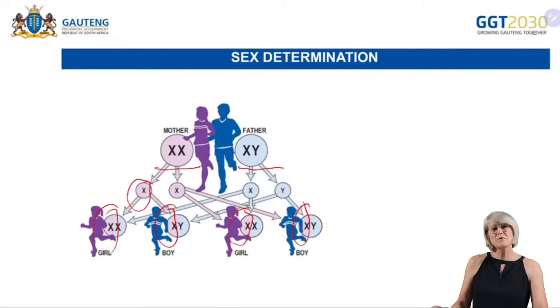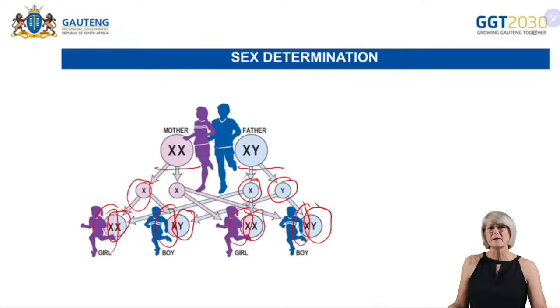It's actually the father that determines the sex of the child, because he will give an X to two of his offspring, and the Y will go to the other two. As soon as an individual has an X and a Y, they are male. If an individual has an X and an X, then they are female.